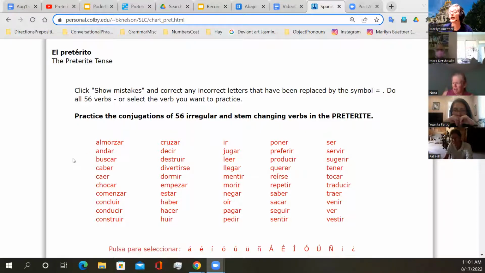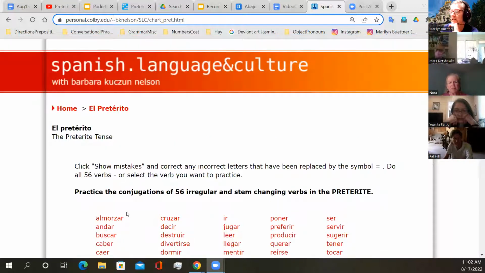Like, okay, do I use this in preterito or do I use this in imperfecto? Wow, that's kind of hard, but yeah, useful. We'll do that.